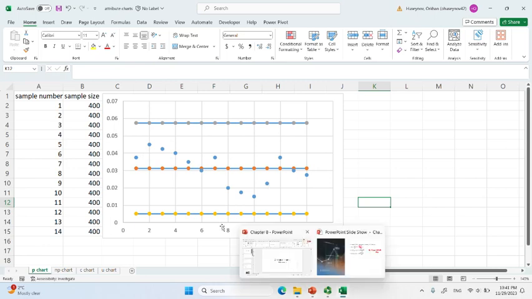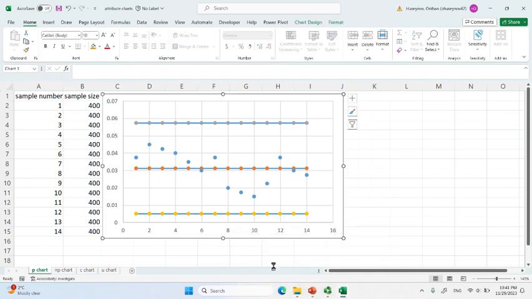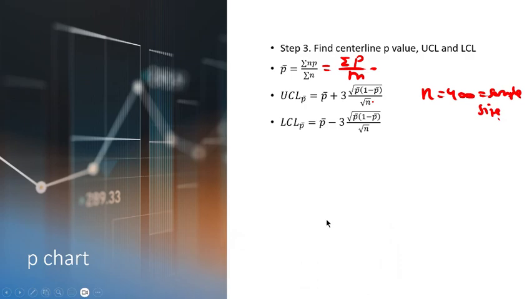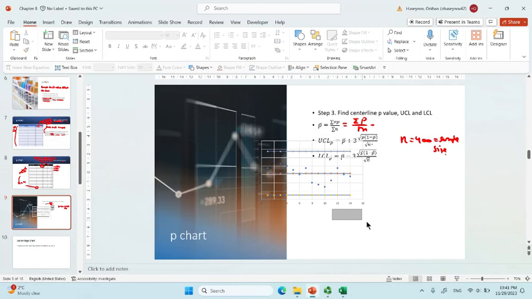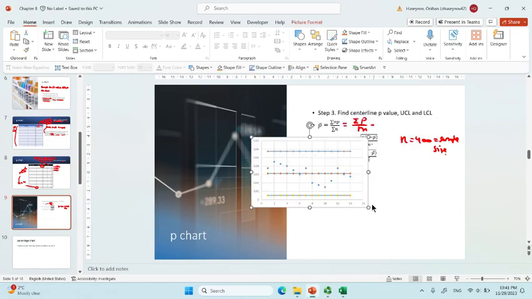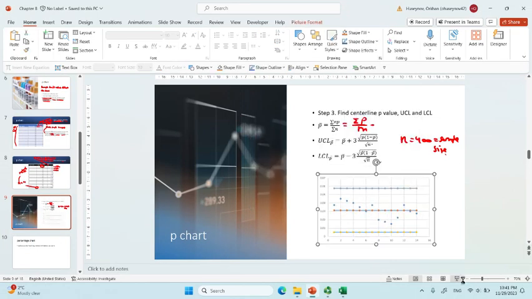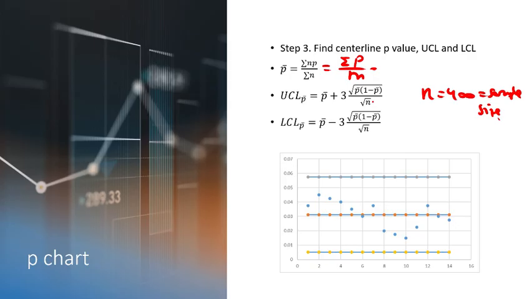Okay, so let me take this chart here and then add a little bit of comments on it. This one is the upper control limit, and this one is the lower control limit, and this one is p bar, and the values here are the p values.